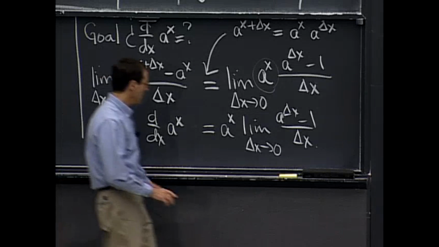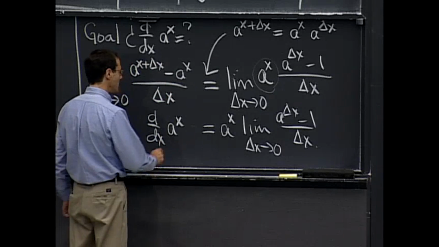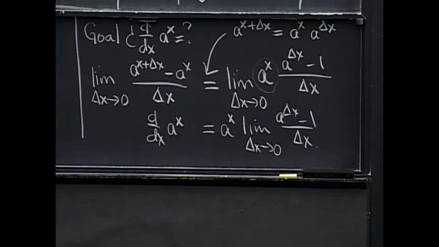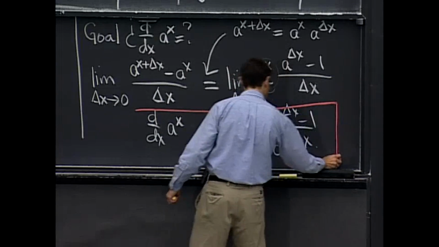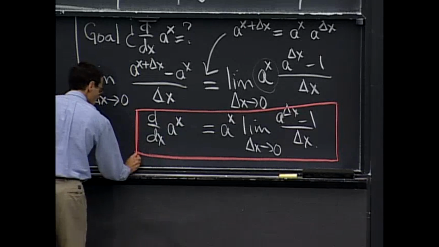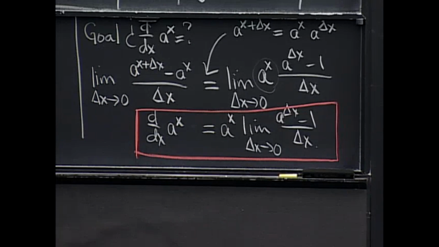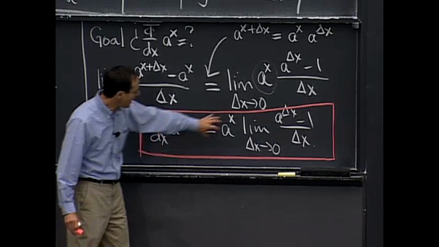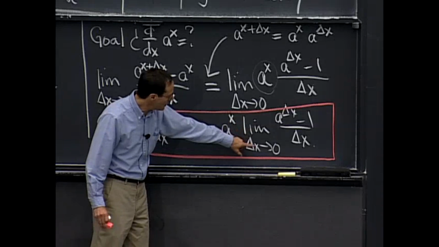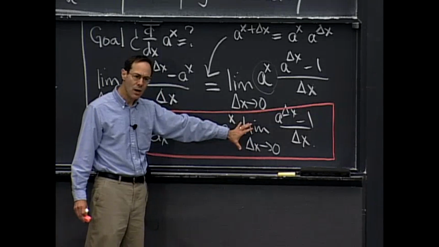Now, I want to stare at this expression and see what it's telling us, because it's telling us as much as we can get so far. So first, let's just look at what this says. What it's saying is that the derivative of a to the x is a to the x times something that we don't yet know.